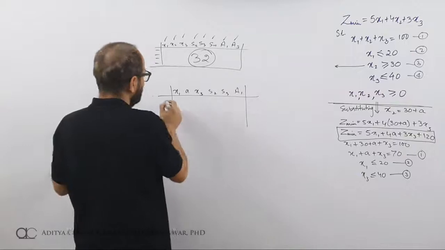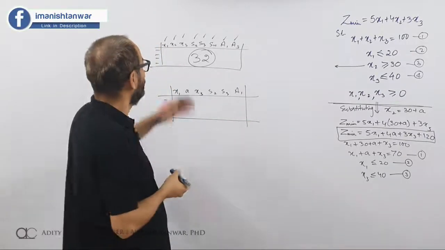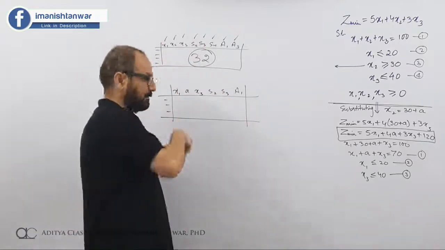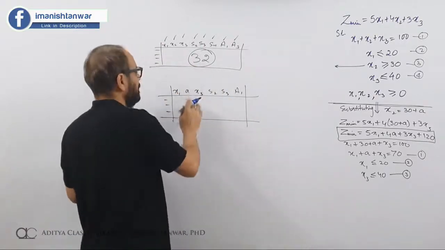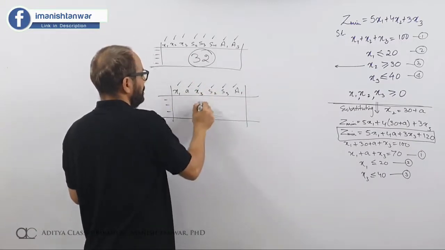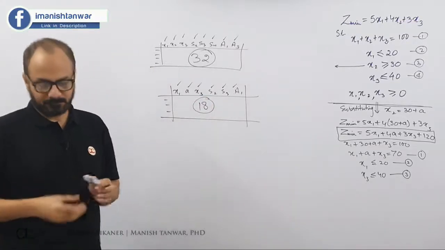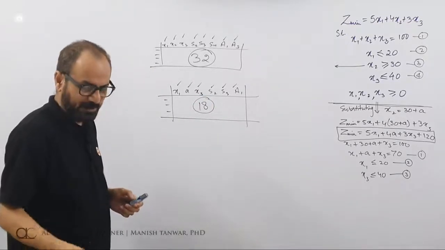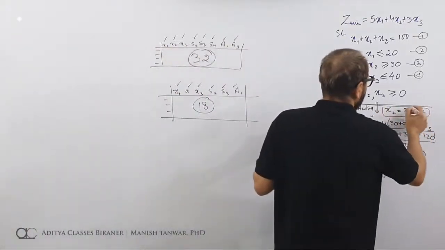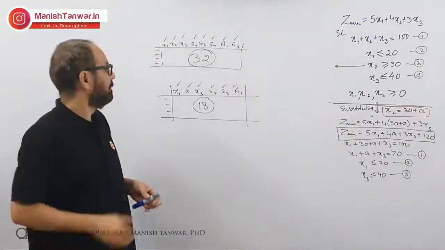Now I have 3 constraints. Look at the scenario. You were having 32 calculations per transfer of one table to the second table. This time I have 6 into 3, 18. So where are we getting this power from?